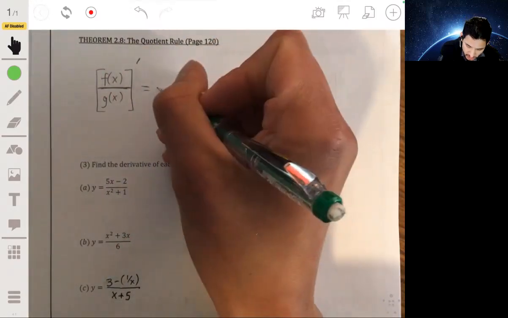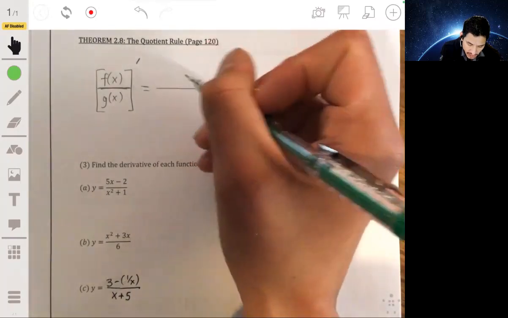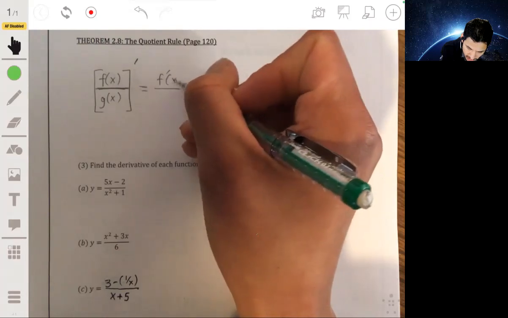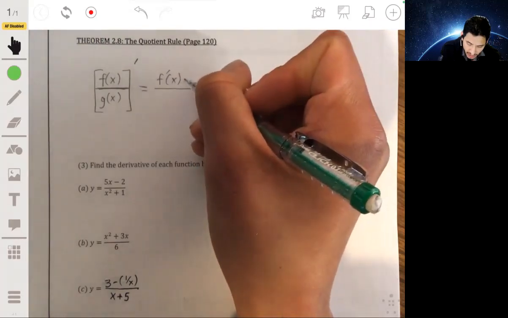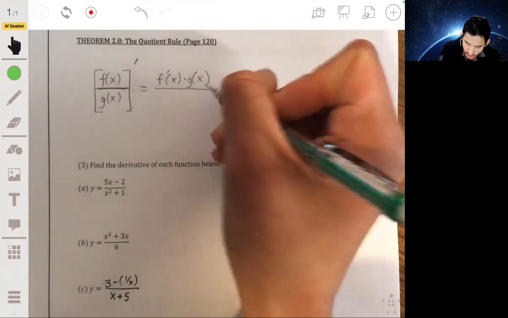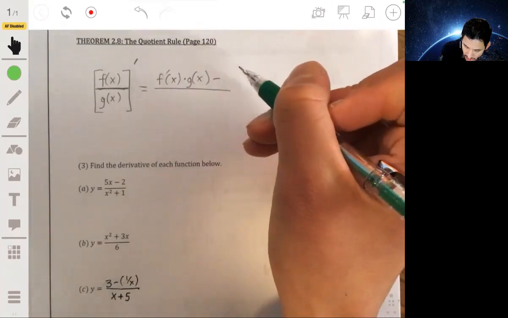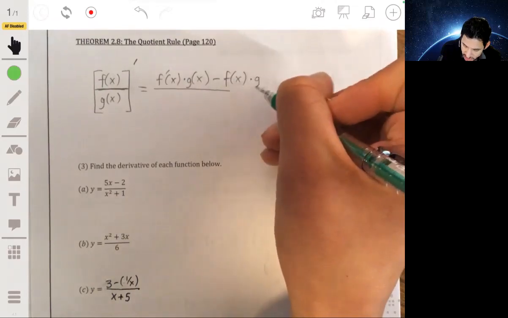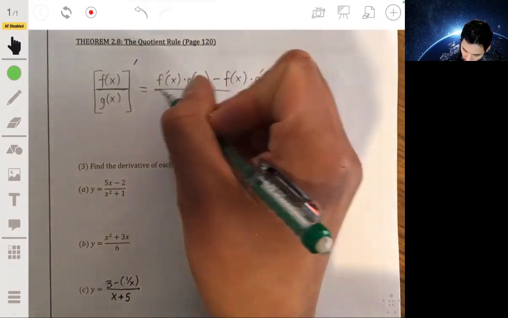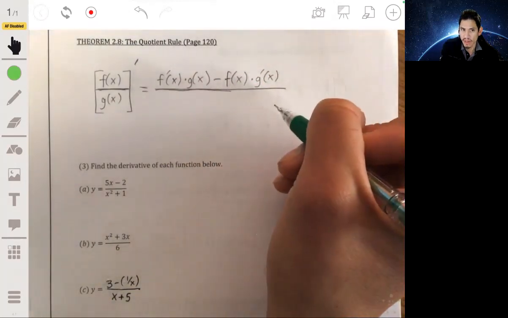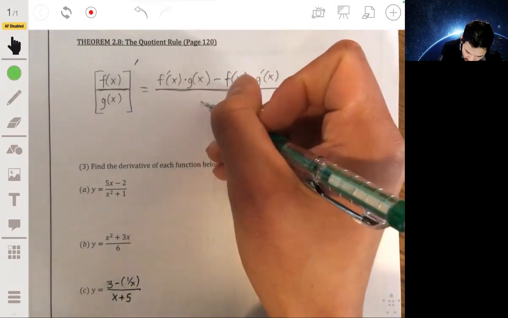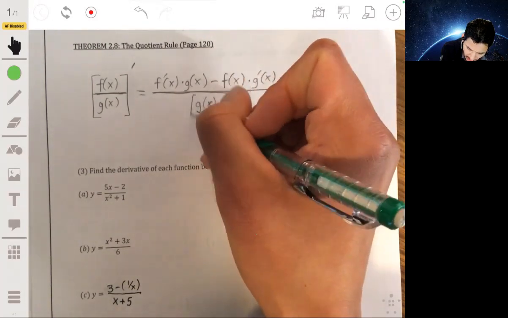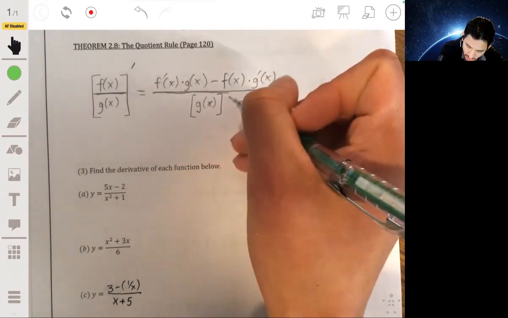This will just be equal to the derivative of f of x, or f prime of x, times g of x, minus, this time we hold the f as is, f of x times g prime of x. We're not done yet. On the bottom, g of x gets some extra action here. It's all over the g of x function squared.